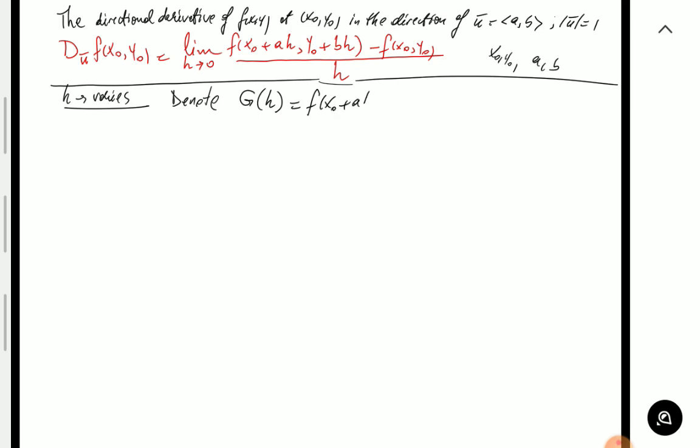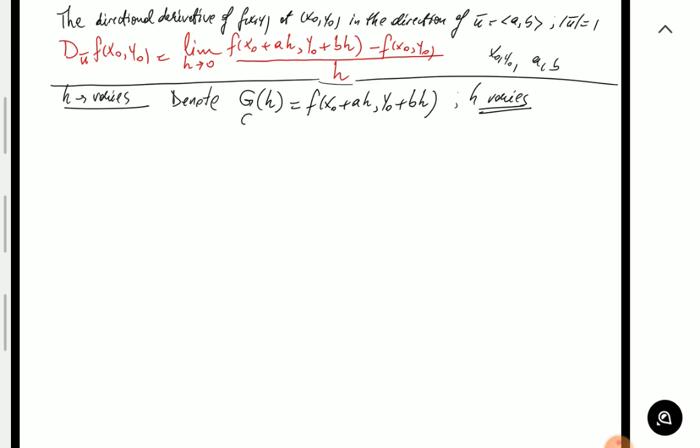And again, try to understand why it makes sense to make this notation. The function depends on x and y, but once you evaluate it at that point, translated by this unit vector, in the direction of AB, again, a and b are fixed, x naught, y naught is fixed, h varies, right? So you can think of it as a function of a single variable.